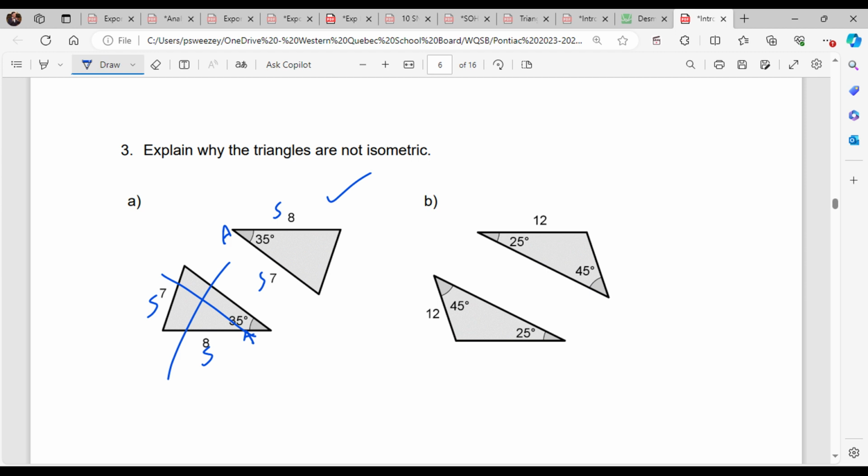Both of these are out of order. This one's just way off. It doesn't know what's going on, right? Even if you tried to logic it out and go 25, 12, 45, ooh, I can figure out what this one is here and I can figure out what this one is here. But it doesn't flow. Let's take a look at it. We know that the remaining is 180 minus 45 minus 25.